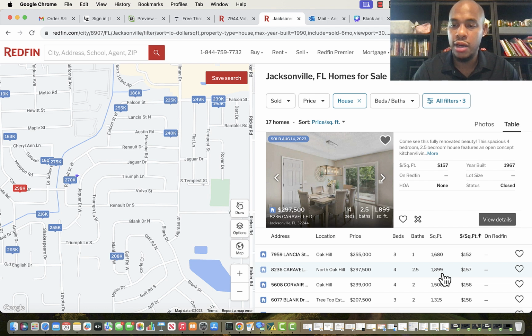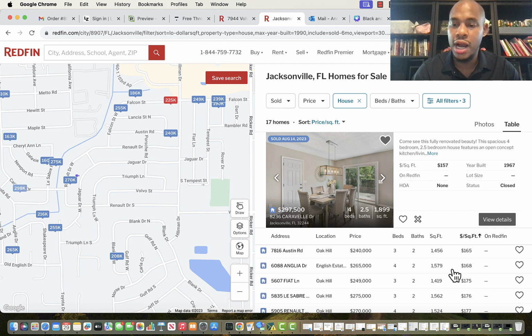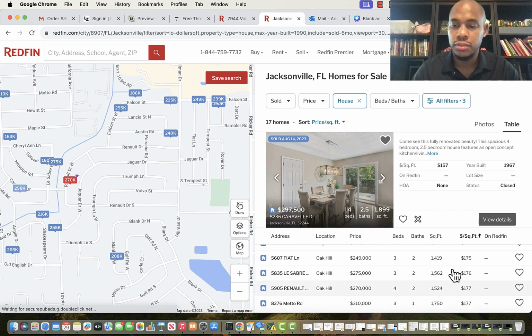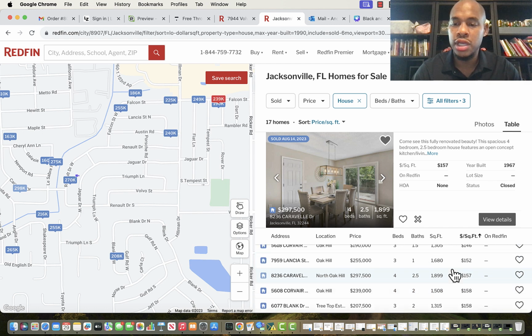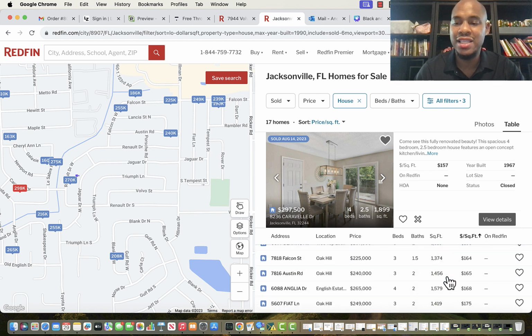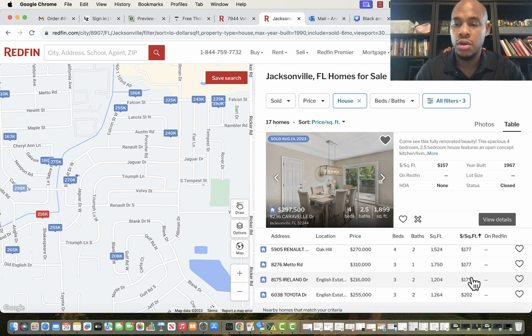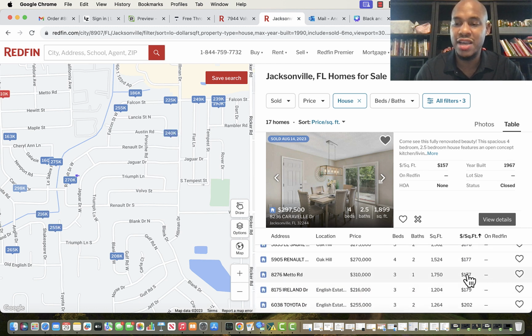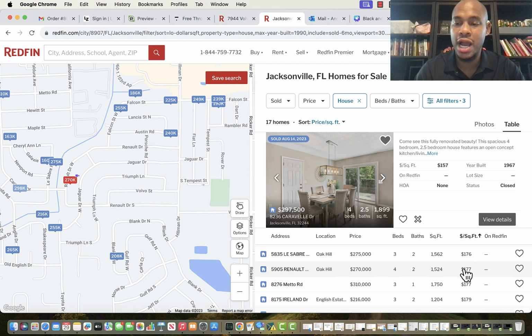And I'll tell you why I like this example. Because now you see that house is renovated. It's a large house. It's renovated, but it only sold for 157 a square foot. Why didn't it sell for 200, 179, 177, 170? Why is it not up here?